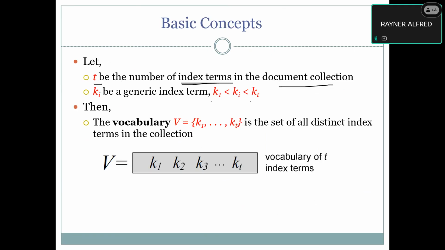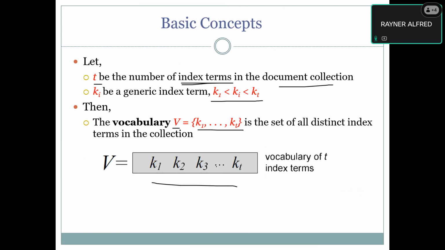So we will have something like this, where we start from keyword 1 up to keyword T. So we just imagine that we have T number of terms in our dictionary. Our vocabulary will be represented as V, and we have a vector of keyword 1 up to keyword T.